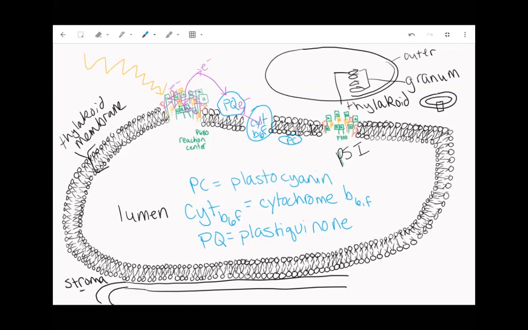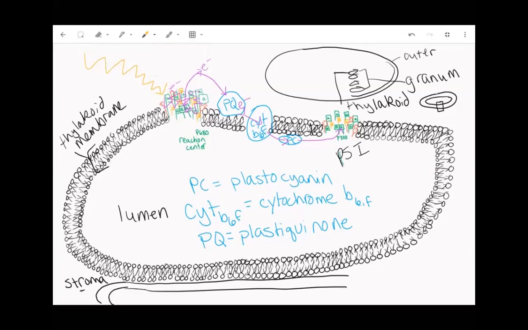That's basically going to be a shuttle from our cytochrome B6F to our photosystem 1. Okay. Now, during all that shuffling, a lot of the energy has been lost from those electrons, so they're not quite as energetic as it was.